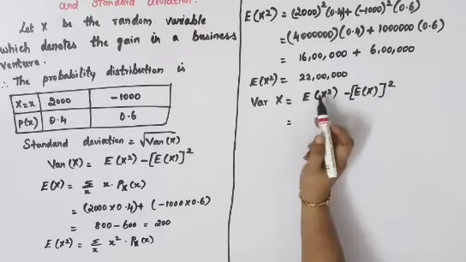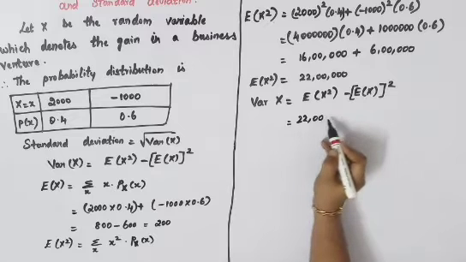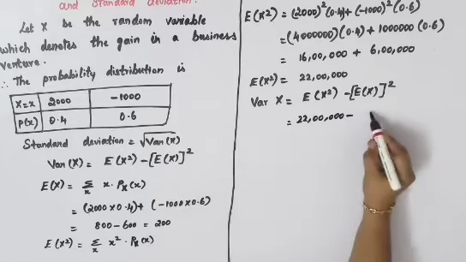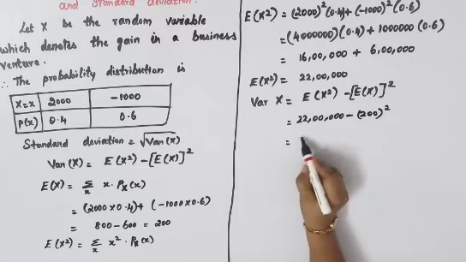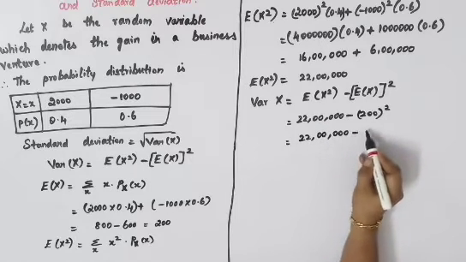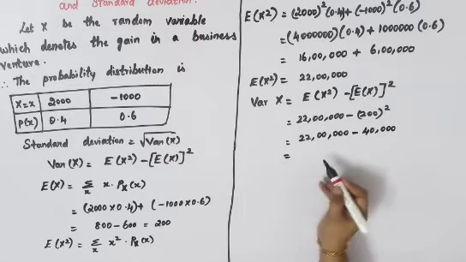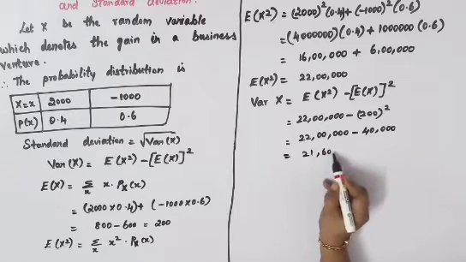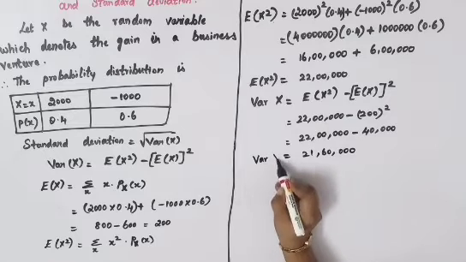E of x square is 22 lakhs, minus E of x which is 200, squared. So it is 22 lakhs minus 40,000. Going for a subtraction, we get 21 lakhs 60,000. So that is your variance of x.